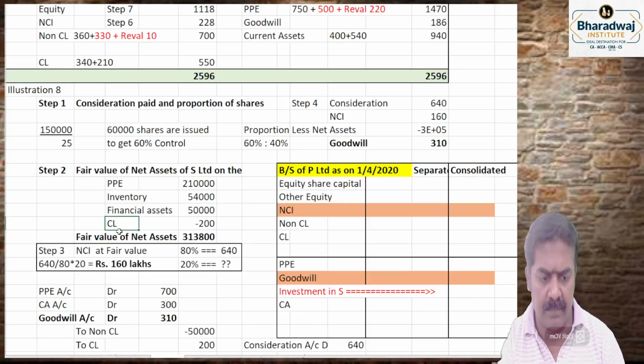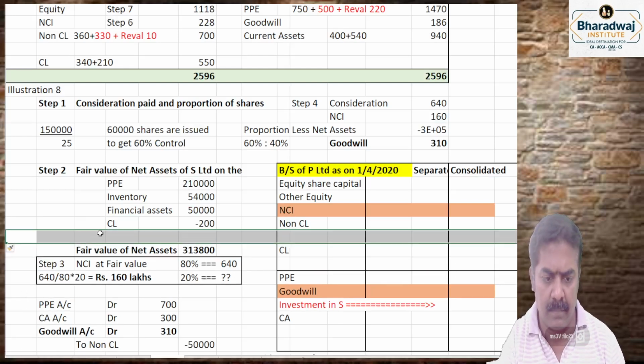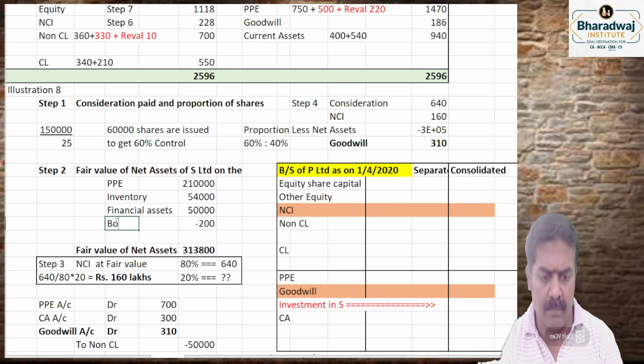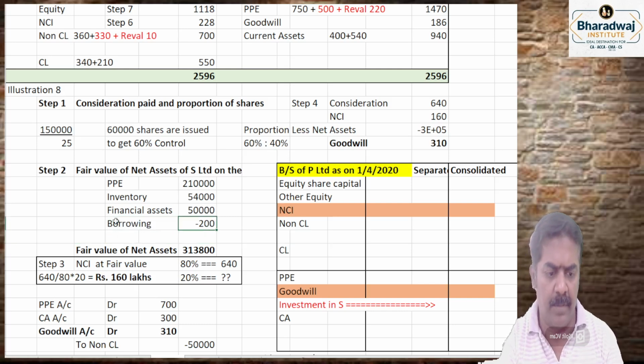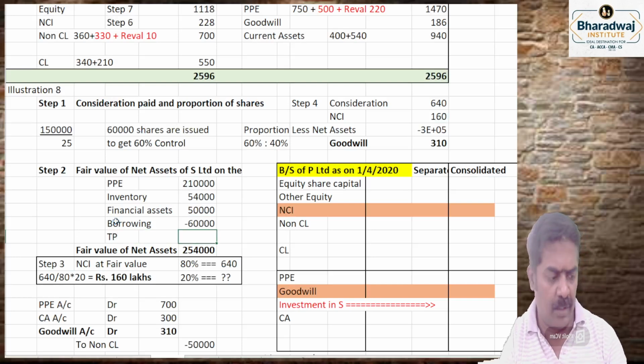Borrowing 60,000. Trade payable 25,000. This will give us the fair value of net assets.